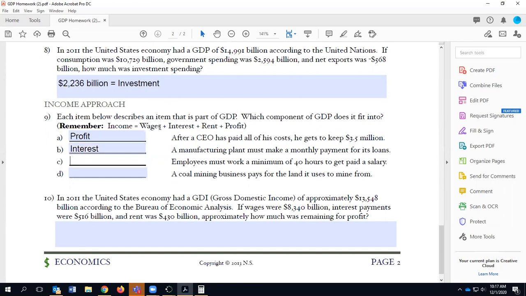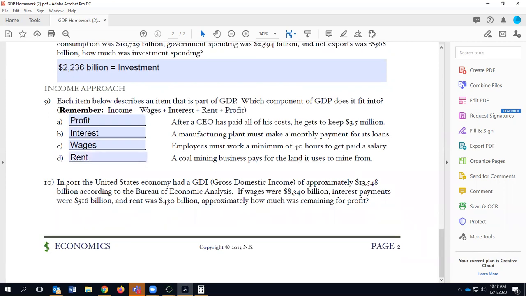So what does salary fall under? Wages or rent? Wages. The last one, a coal mining business pays for the land it uses to mine from. So what's the last one we got? Rent.